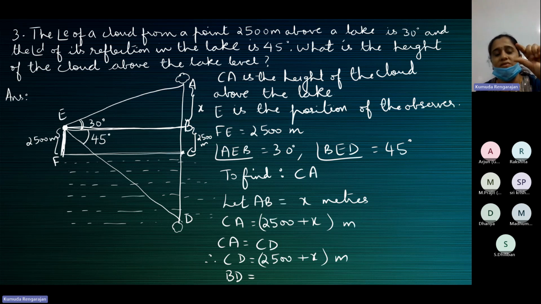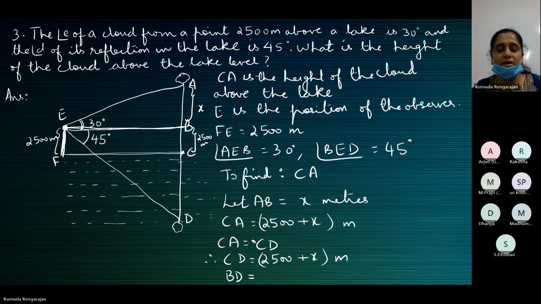I'm not calling the whole thing X. That's why I've used a bracket, and I've also written here AB is equal to X. I normally don't call the whole thing X and then X minus. If something is already 2500, the rest of it is X. Why call the whole thing X and then say the remaining is X minus 2500? Don't do all that. One segment is 2500. The one above it is X. That's all.